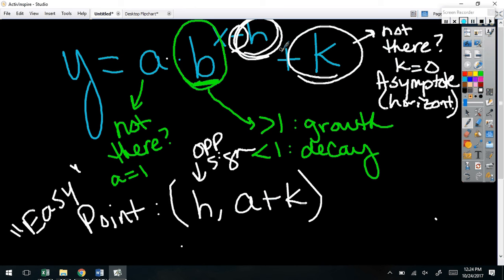Here's A, and here's K. Is H under opposite sign? Okay, then it would be negative.